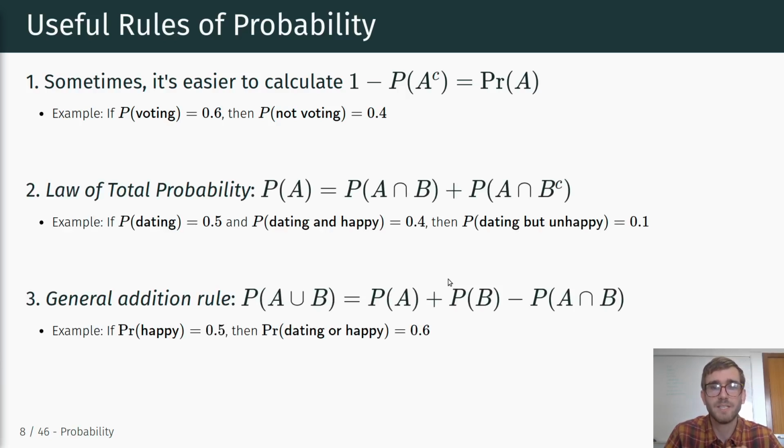But more generally, if two events are not mutually exclusive, that means that there is a non-zero probability that A and B happen together, so both happen at the same time. So that's the probability of A intersect B. The probability of A and B happening at the same time has to be subtracted from the sum of the probability of A and B, right?